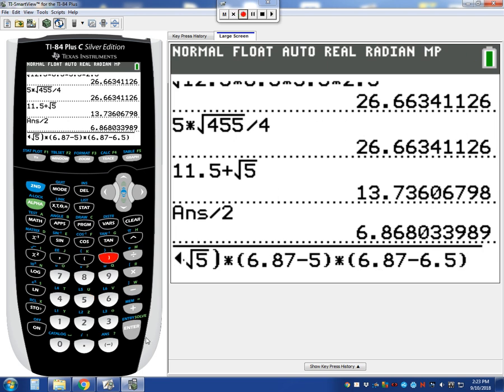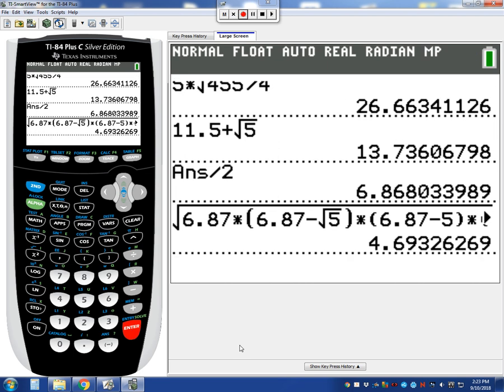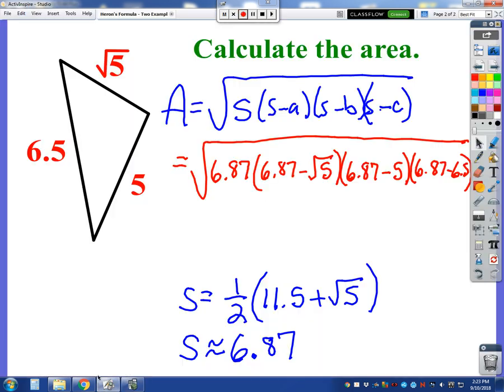End quantity, and then enter. And all of that comes out to be approximately 4.69 to 2 decimal places for that area.